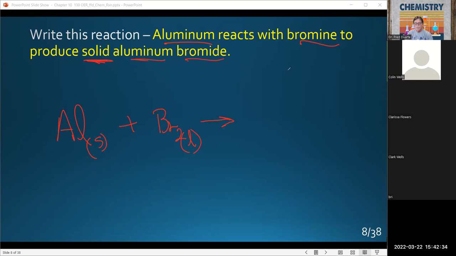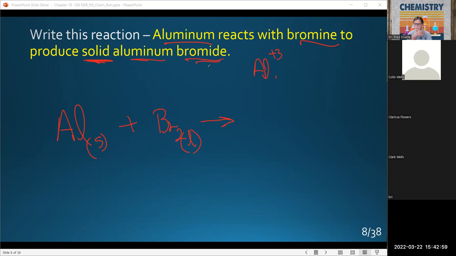Again, as with sodium chloride, we have an ionic compound, so we have to write the ions first. Aluminum is a metal, and therefore it's a group 3A, and it will lose 3 electrons to end up with a +3 charge or oxidation number.